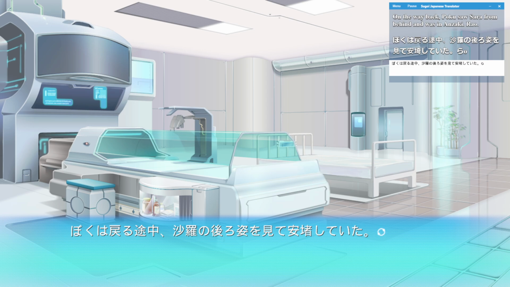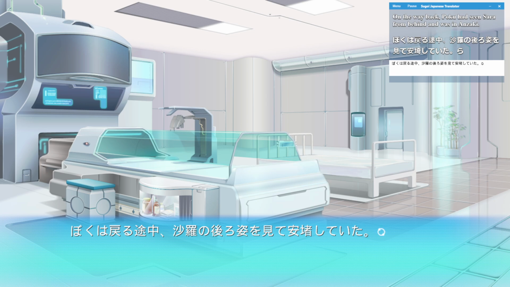What does Google Translate have to say here? Wrong kanji. Thinner or thicker? Nope. Okay. We don't know what's going on, but he saw her from behind.